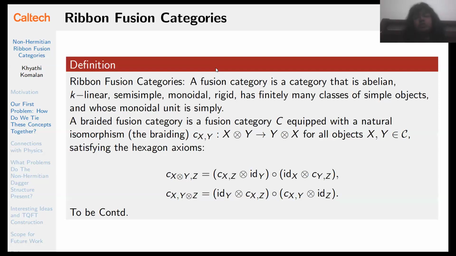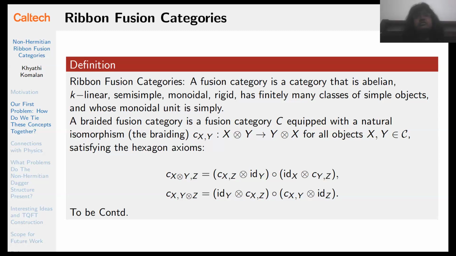Now combining all of these together, we get ribbon fusion categories. A fusion category is a category that is abelian, k-linear, semi-simple, monoidal, rigid, and has finitely many classes of simple objects, and whose monoidal unit is simple. Apart from the jargon, this means you can take objects and break them down into simple objects, and you have a tensor product defined on this category.